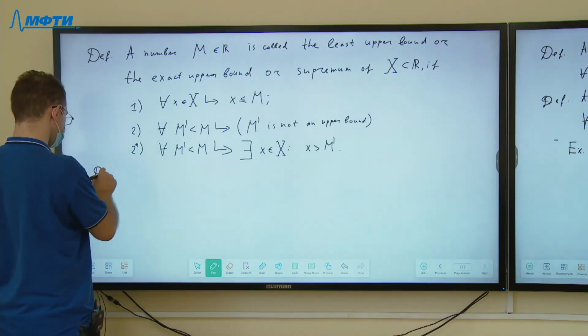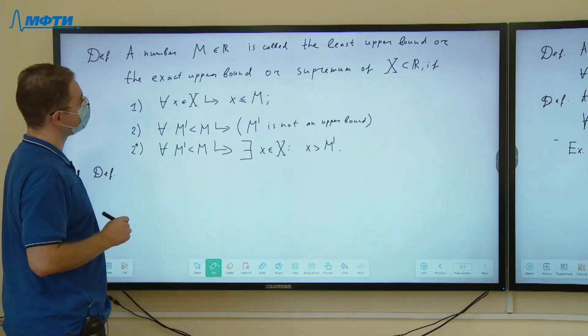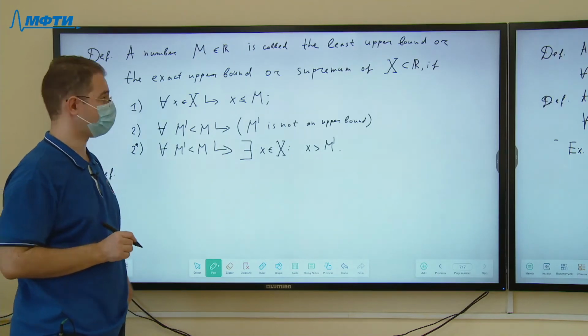Similarly, we have a definition of an exact lower bound.